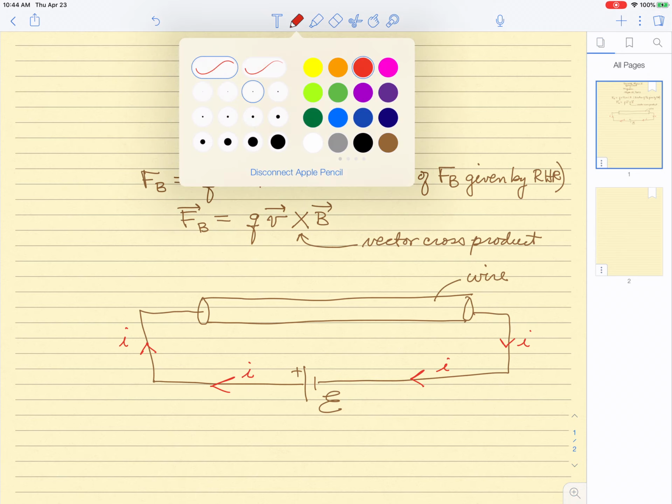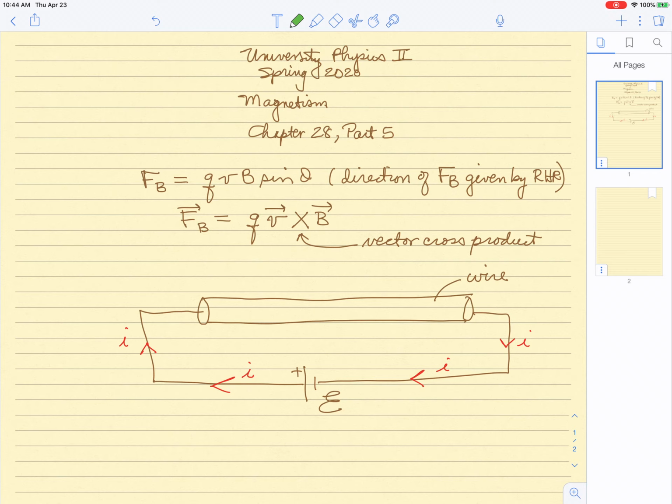And if we look at the wire in a more microscopic fashion, then we know we have mobile charge carriers of charge Q moving in here.